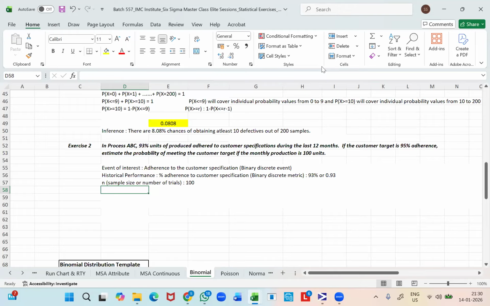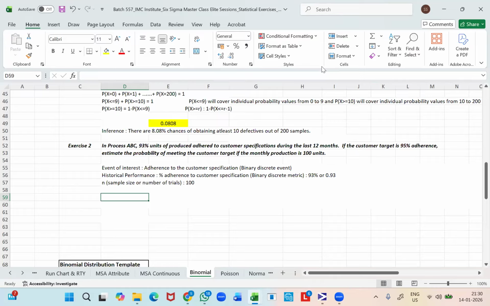So simple. That's why I gave the sample size as 100, so that the calculation becomes easy. So at least 95 out of 100 need to adhere to the customer specifications for us to meet the customer target of 95% adherence. So at least 95 is what we need to find out for this particular scenario.